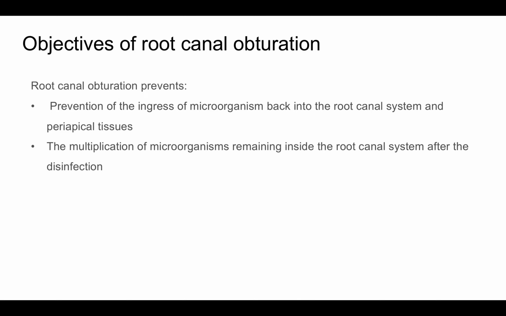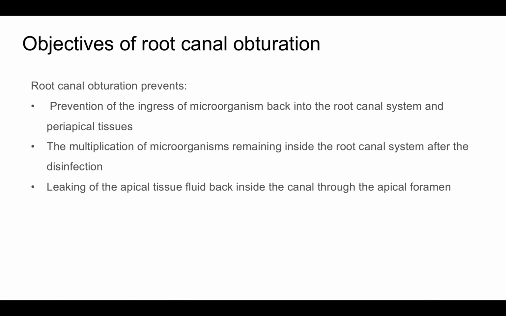It's going to prevent the multiplication of the microorganisms that remained inside the root canal and inside the dentinal tubules after the disinfection, because disinfection is not sterilization. When we disinfect and irrigate using disinfectants, we do not sterilize the canal. Some microorganisms remain inside the root canal system after this process.